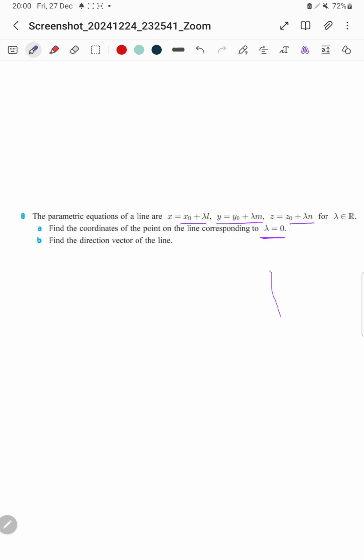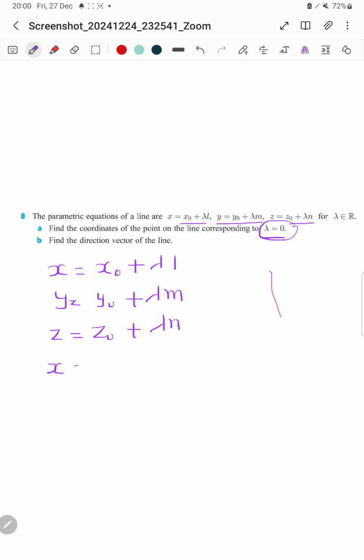You can just take x as x naught plus lambda L, y equal to y naught plus lambda m, and z equal to z naught plus lambda n. We just need to substitute lambda as 0. So we get x equal to x naught, y equal to y naught, and z equal to z naught.